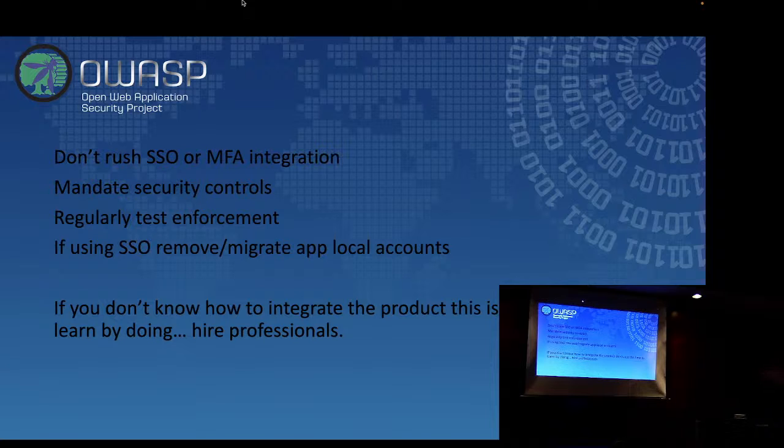Mandate security controls. That's kind of an internal process of what it is, what level of security you need. Regularly test enforcement. So you need to test that. Like I just said, try using someone else's token when you're signing in as yourself.